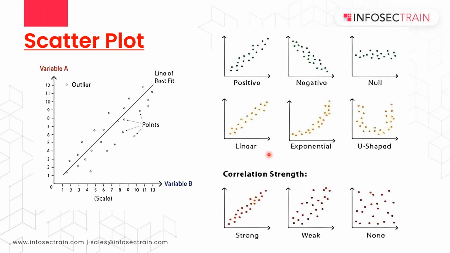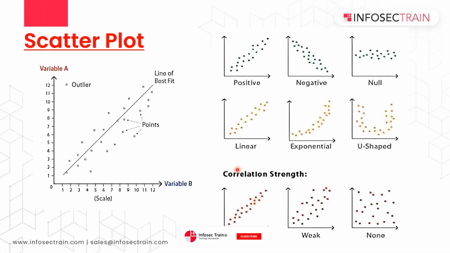If your data points show an upward trend like this, I can say the data points are positively correlated. If your data points show a downward relationship in a linear manner, then these data points will be negatively correlated. Now these are just the types.